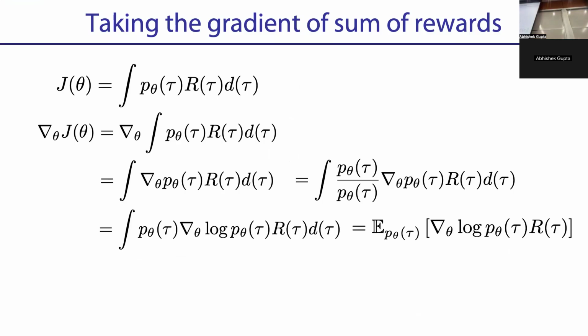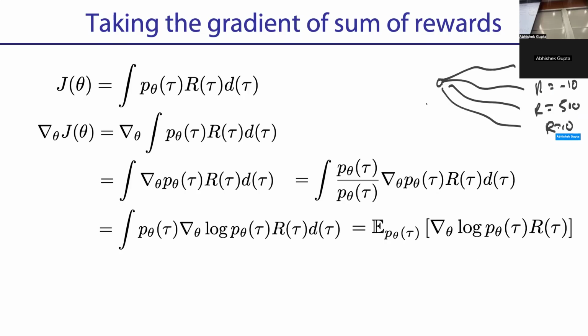What this objective is going to do is say, let's draw a bunch of trajectory samples, okay? And then let's say this reward was 100, this reward was -10, this reward was 500, this reward was 0. What this objective really does is it says, I'm going to increase the likelihood of a particular trajectory proportional to how high the reward was.